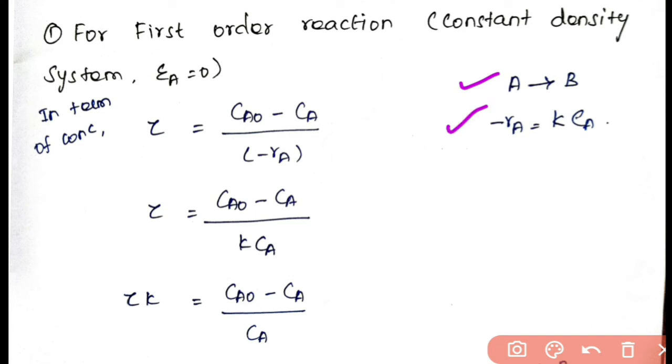So minus Ra is equal to your rate constant K into concentration of reactant A, minus Ra equal to K Ca. So tau is equal to Ca0 minus Ca divided by K Ca. Rearranging, you get tau K is equal to Ca0 minus Ca divided by Ca. This is your general performance equation for a first order reaction in terms of concentration.